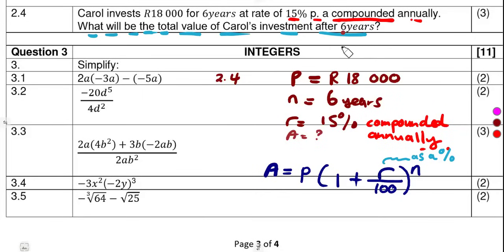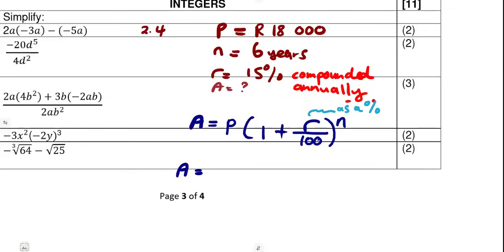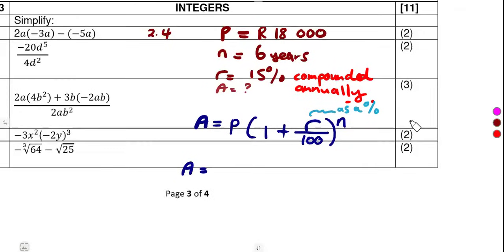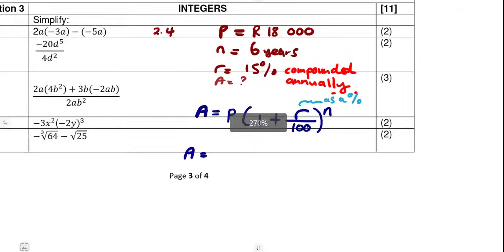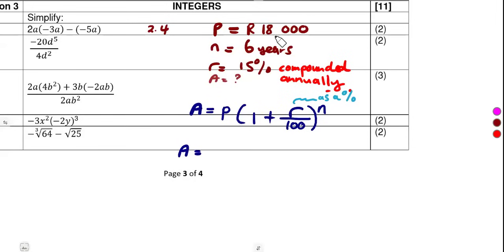Our N is 6. So this is just a mere substitution, guys, directly into the formula. We have got everything. P is 18,000, so that's 18,000 into 1 plus R as a percentage, 15 over 100, to the exponent of N, the number of years, which is 6.